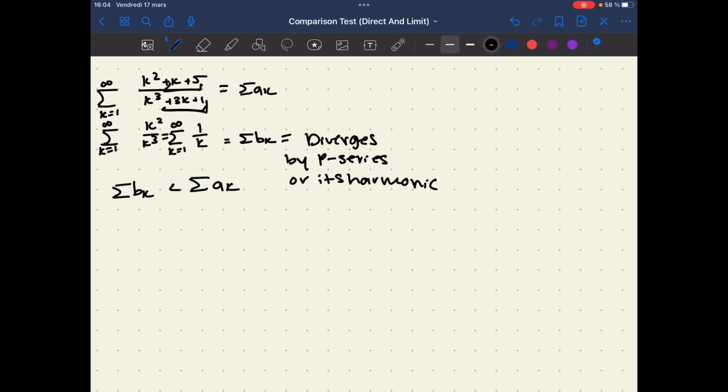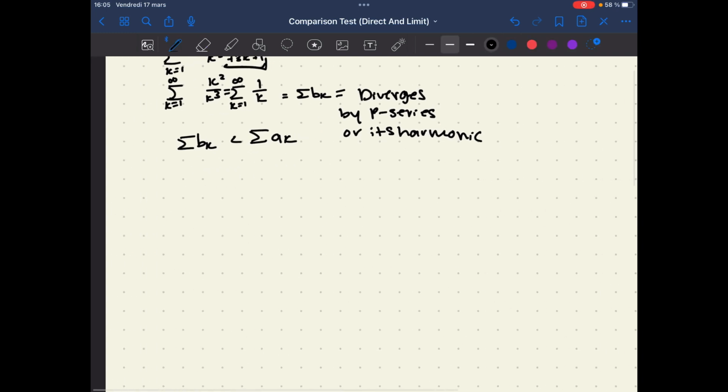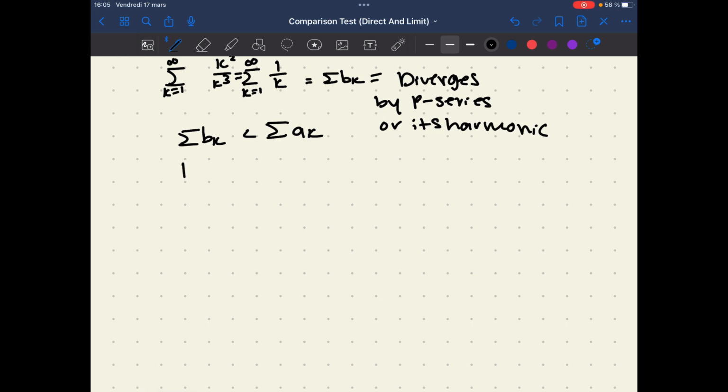Okay, now let's go back to this. So what do we know if b sub k diverges? Well, we know that if b sub k diverges and is less than a sub k, then a sub k will diverge as well. So we can write this as an if and then case.